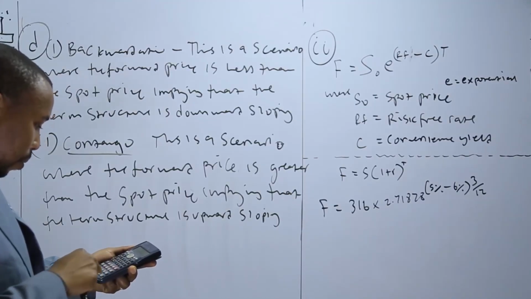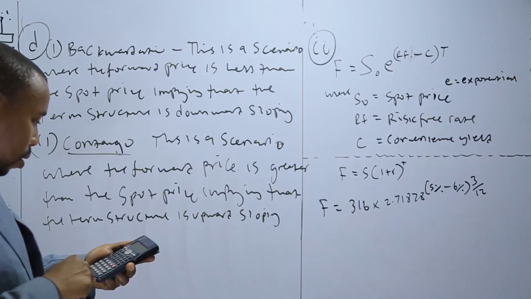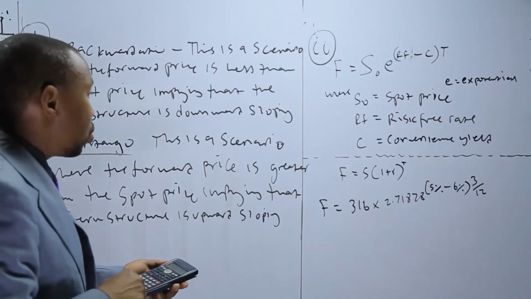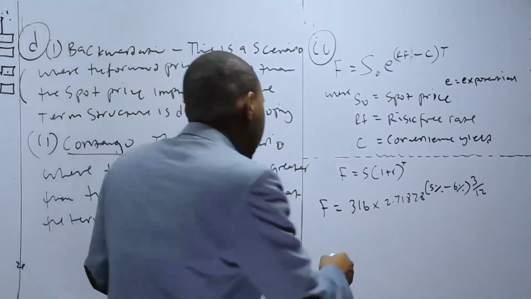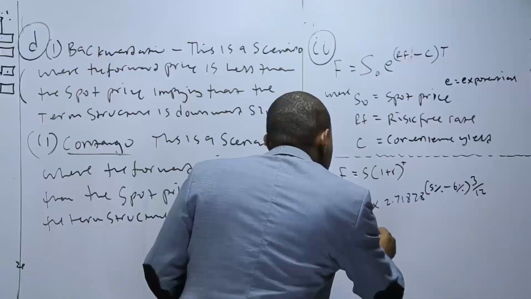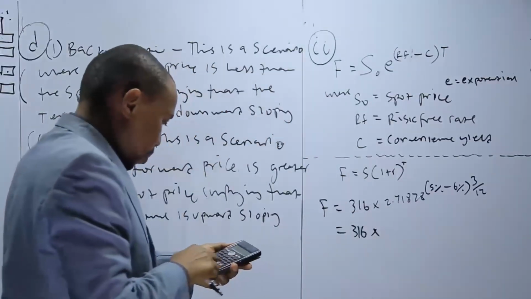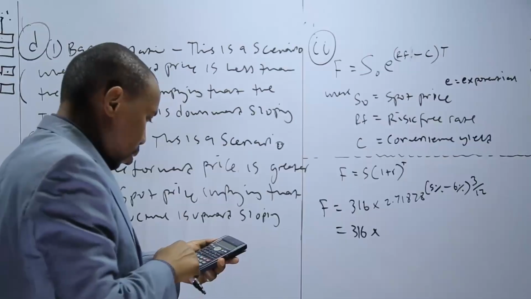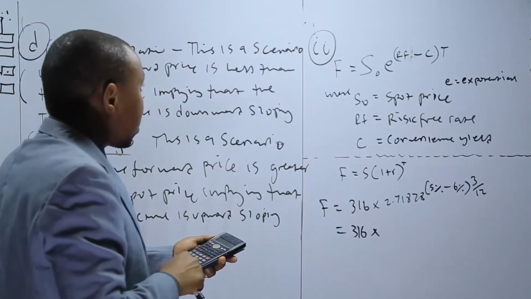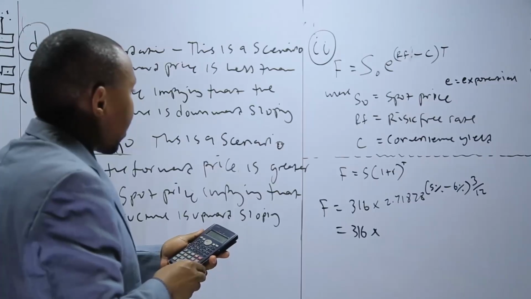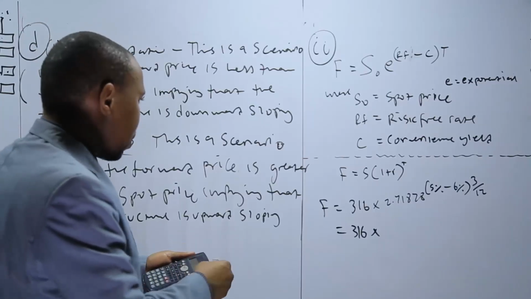Close the bracket there. We have 1.002 there. So we have 316 multiplied by times 316.79. I don't think that is the case. I don't think that is the correct value.